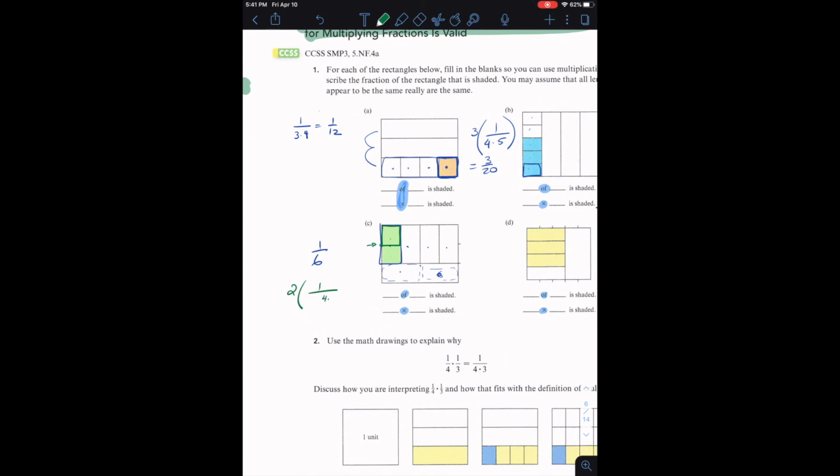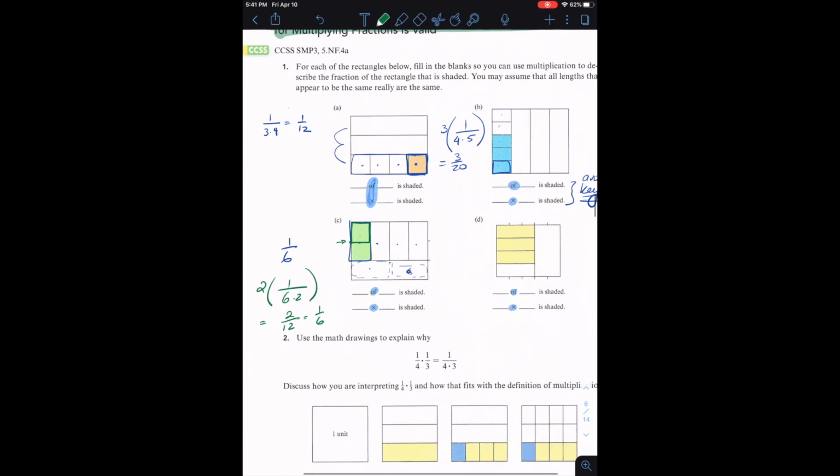So 4 times 2, and then 2 more. So not 4 times 2, but there are actually 6 times 2 in here. 6 times 2, so that would be 2/12. And we know that that's equivalent to 1/6 if we make the pieces bigger, which is our first solution. Okay.